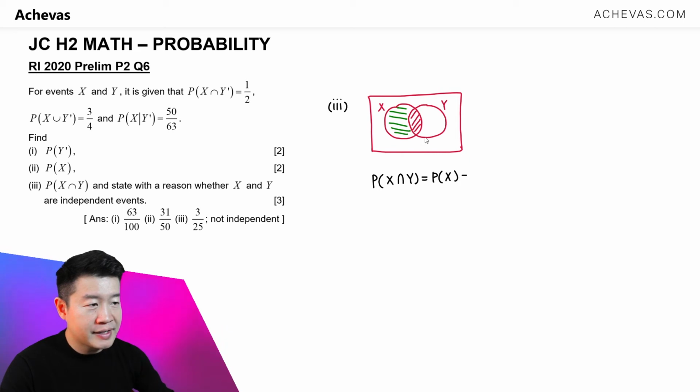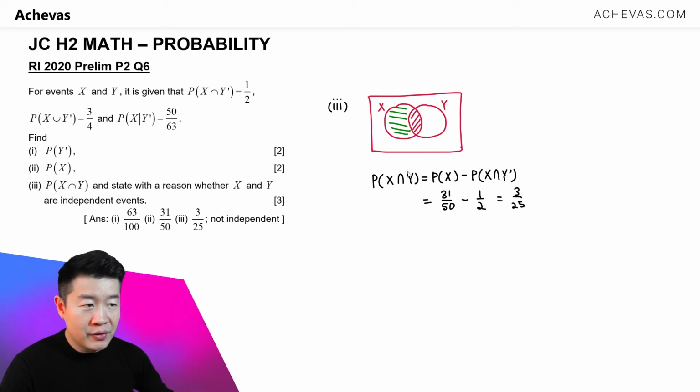So the probability of x minus away this green colored region, which will then leave me with this. So the green colored region is the probability of x and y prime. The probability of x we have found previously, 31 over 50, and this is given to us by the question as half. So this is equal to 3 over 25.